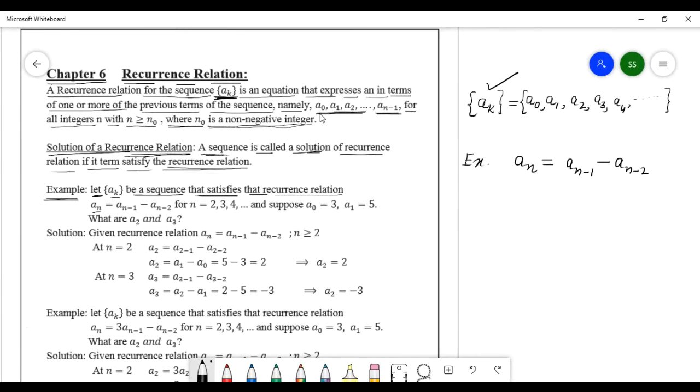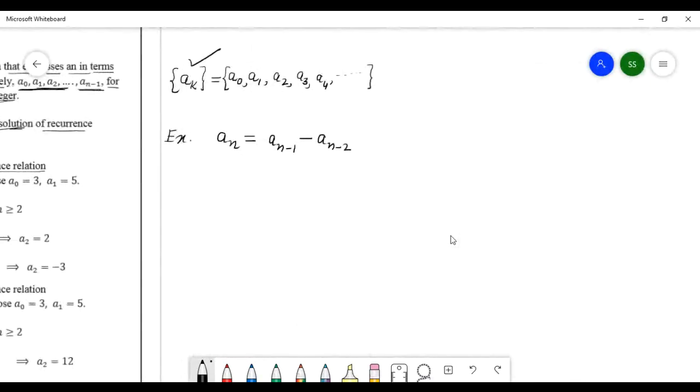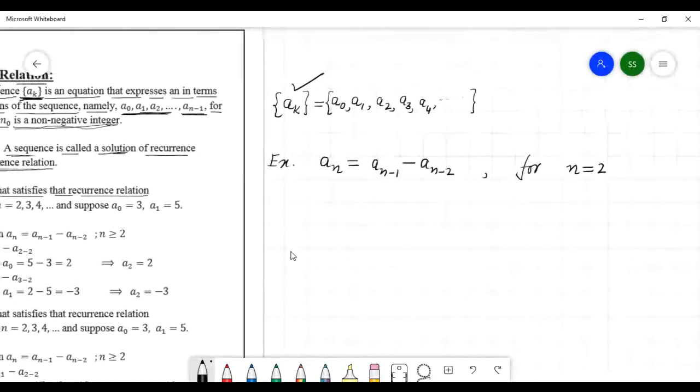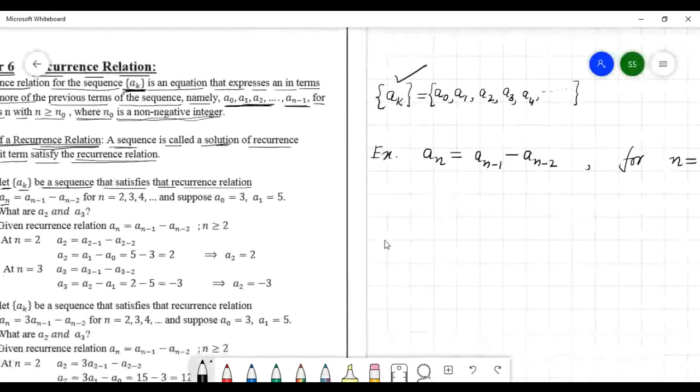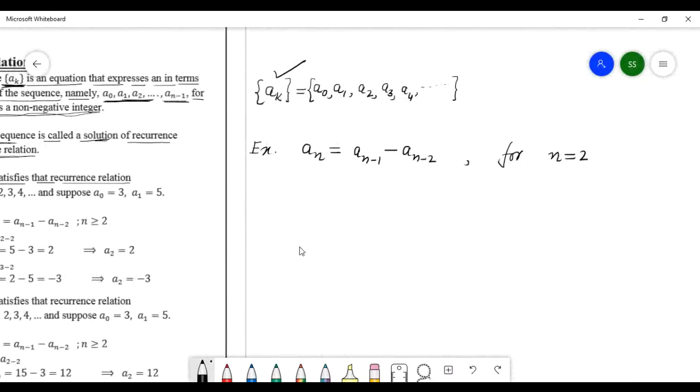This is the recurrence relation, and it holds for n equal to 2, starting from 2, so n equal to 2, 3, 4 like that.